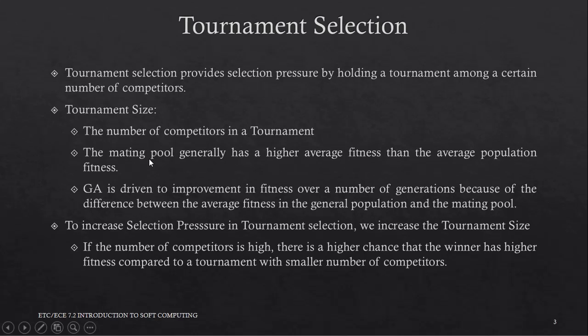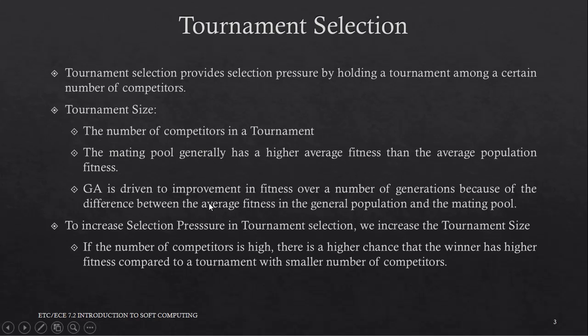The mating pool generally has an average fitness which is higher than the average population fitness. This difference in the fitnesses is because of the selection pressure. Because of this selection pressure, the GA is driven to improvement in fitness over a number of generations.